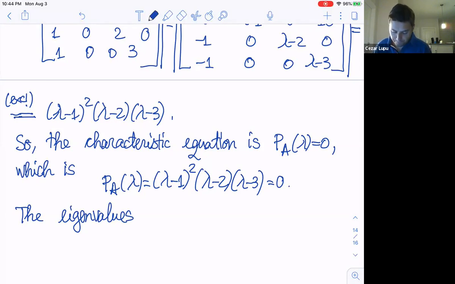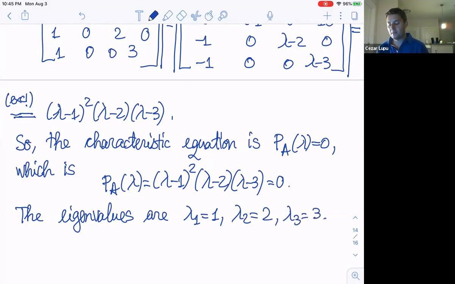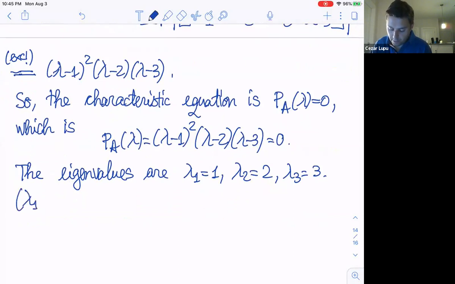The eigenvalues are lambda 1 equals 1, lambda 2 equals 2, and lambda 3 equals 3. But you see, this is a degree 4 polynomial, and I have only 3 roots, but one of them is a double root, in other words, one of them will have multiplicity 2. And let's point this out. Lambda 1 equals 1 has multiplicity 2.